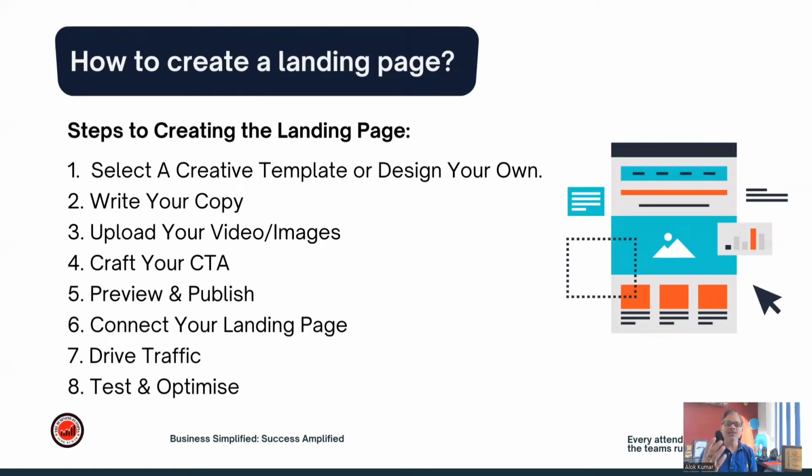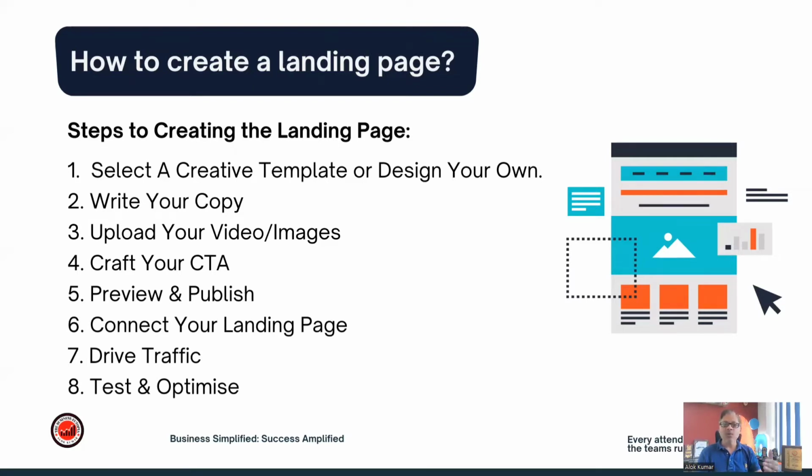Now, what are the steps which are very common for any of the tools on which you're going to create this landing page? Number one, you have to select a template or create your own design, because all these tools give you a number of templates through which you can start. Even if you are new, you can just select a template and start editing on your own. Then you have to write your copy, which means there is a lot of content you need to put in.